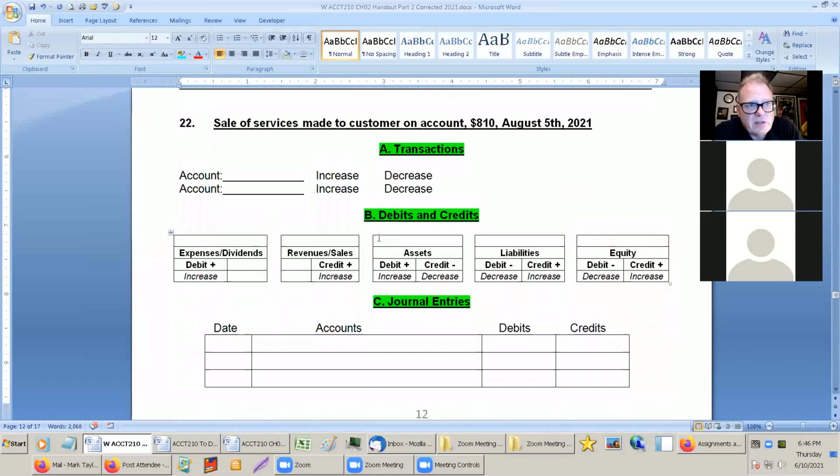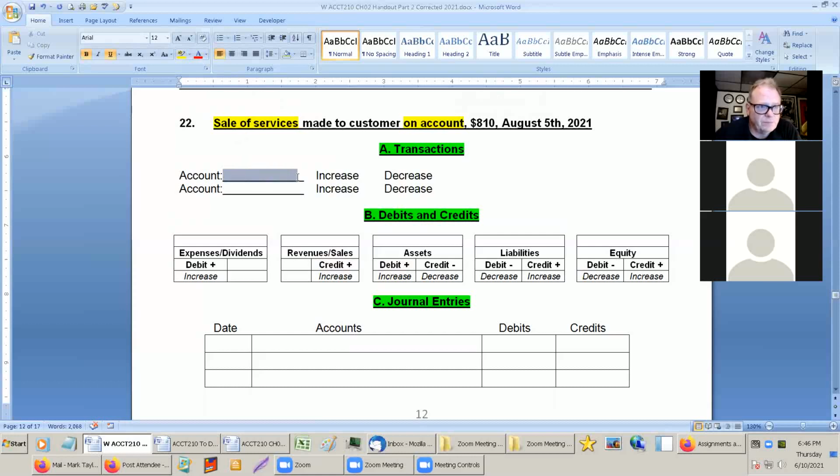Services made to a customer on account, 810. What accounts? I'm having a hard time figuring that one out. Sales services, so would that be sales? Well, that's revenue, sales, right?